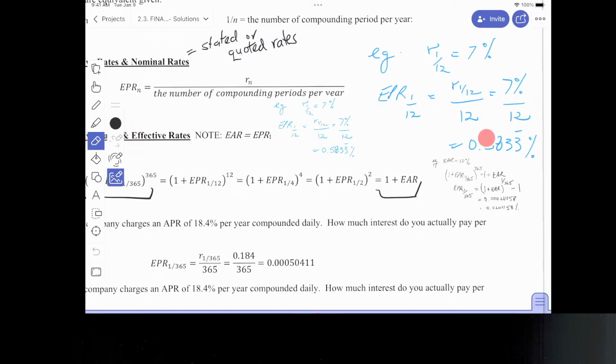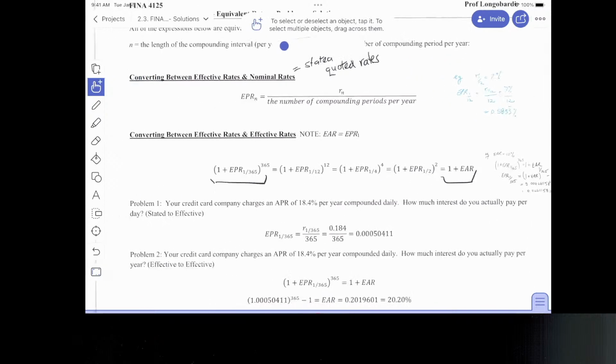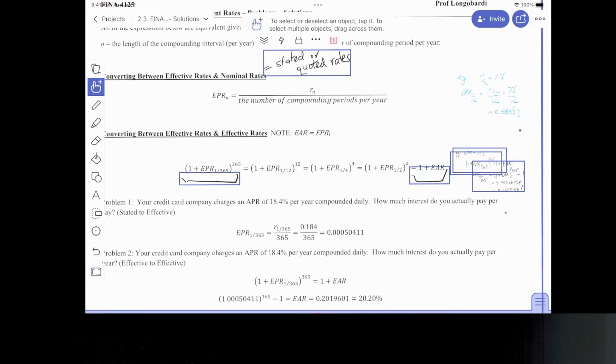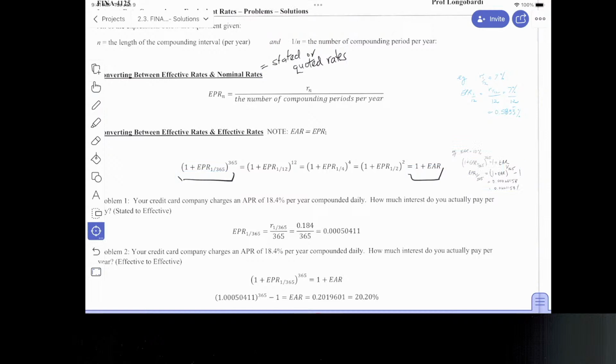Does anybody know? So continuous compounding comes into play.